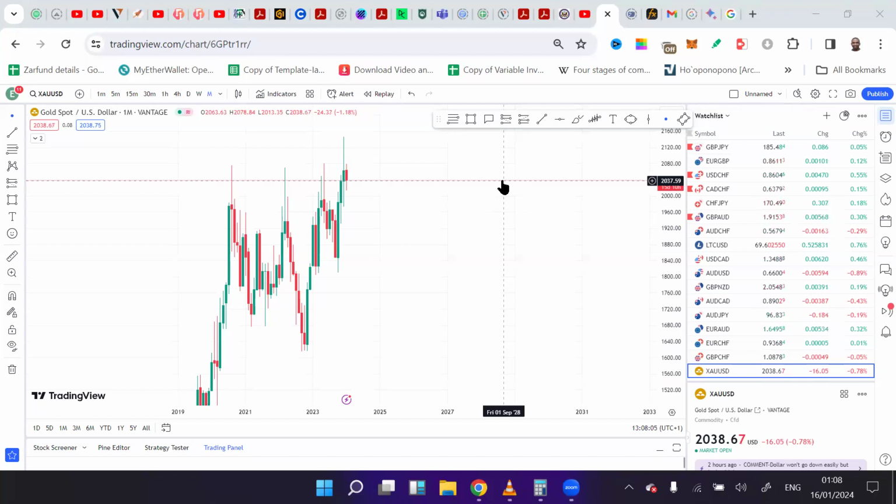Our goal in this session is what we call the gold run: learn how to strike it rich in gold trading, right? Gold is one of the most volatile assets to trade in the financial markets.